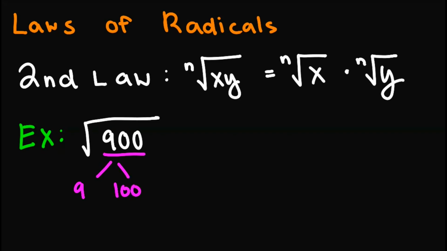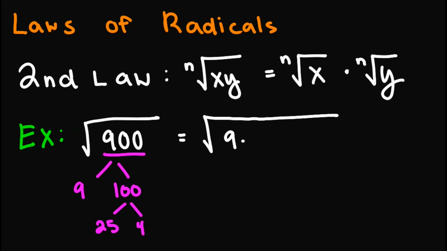And we can actually write 100 as 25 times 4. So we will have here square root, like that, of 9 times 25 times 4.